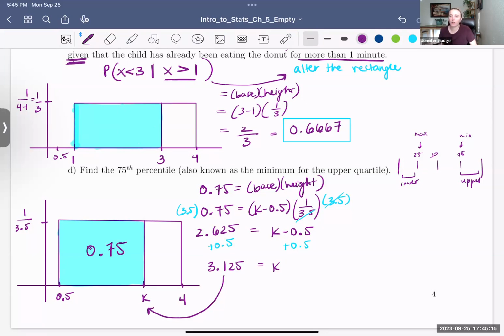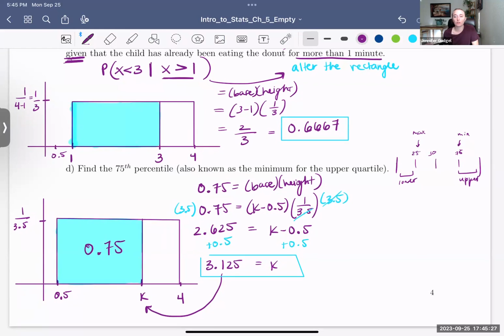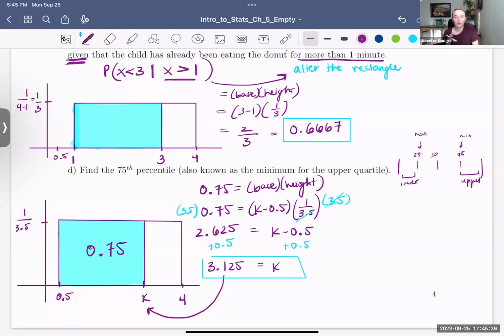That is my percentile. All right, just to finish off the question, let's summarize what this means in the context of this problem. Again, I will ask you to do this, so make sure you're practicing this. What percentage of our children were eating under that 75? Well, I just gave it away. 75%. Okay, I'm talking about the 75th percentile.